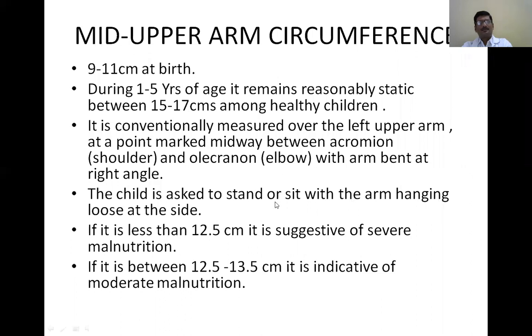The child is either asked to stand or sit with the arm hanging loose at the side. If it is less than 12.5 centimeters, it is suggestive of severe malnourishment. And if it is between 12.5 to 13.5 centimeters, it is indicative of moderate malnourishment.